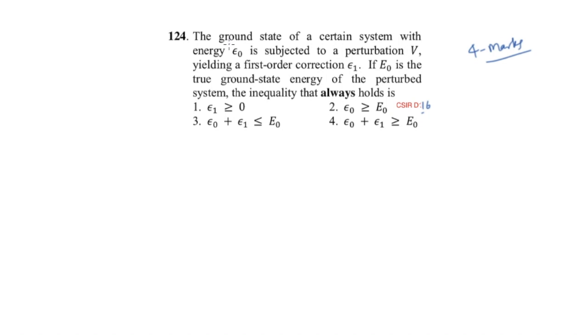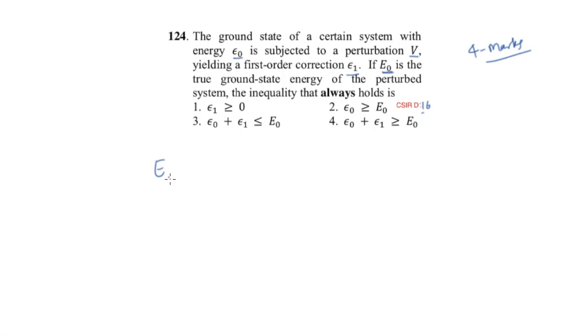This question says that the ground state of a certain system with energy epsilon naught is subjected to perturbation V, yielding a first order energy correction epsilon 1. And if capital E naught is the true ground state energy for the perturbed system, then which inequality will always hold? Remember a few things which are given.